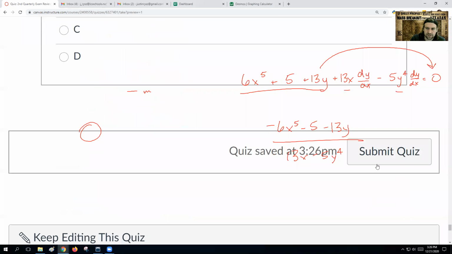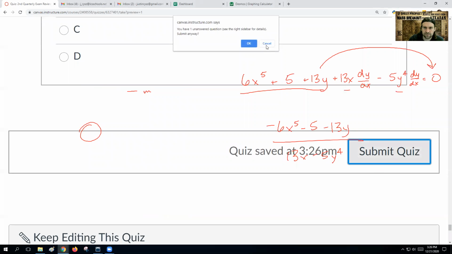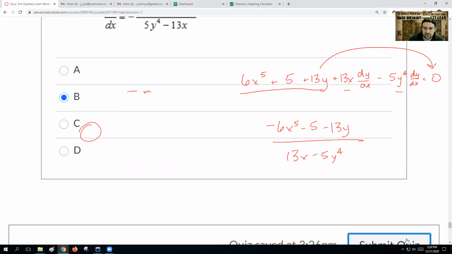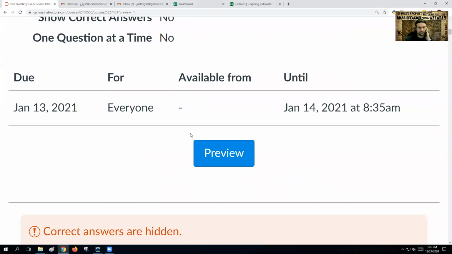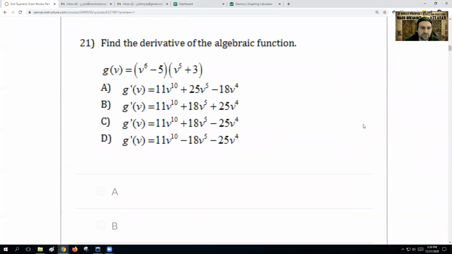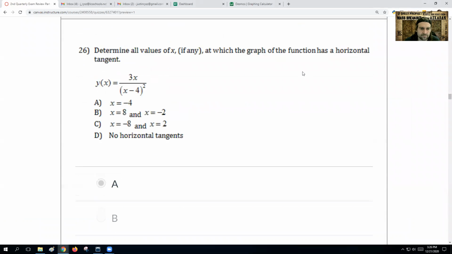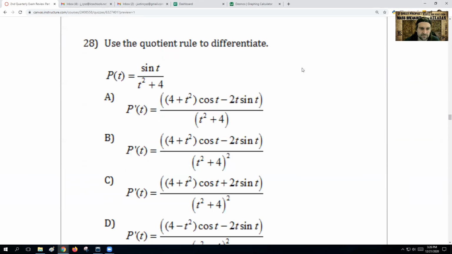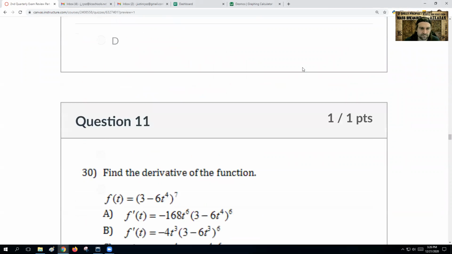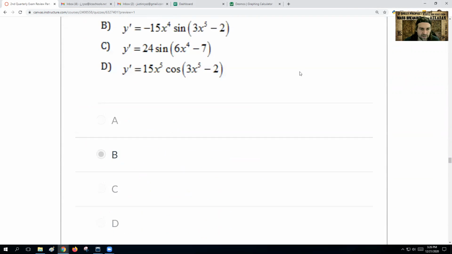All right, how well did we do? Did I mess up on a couple of them? It says submit anyways. Okay, I probably left them blank. We'll see how we did. 18 out of 20. Which one did we mess up on? There's the one we guessed. Oh, doing good so far.